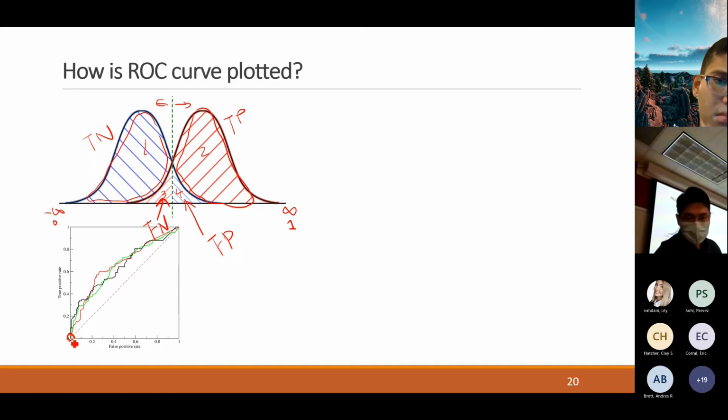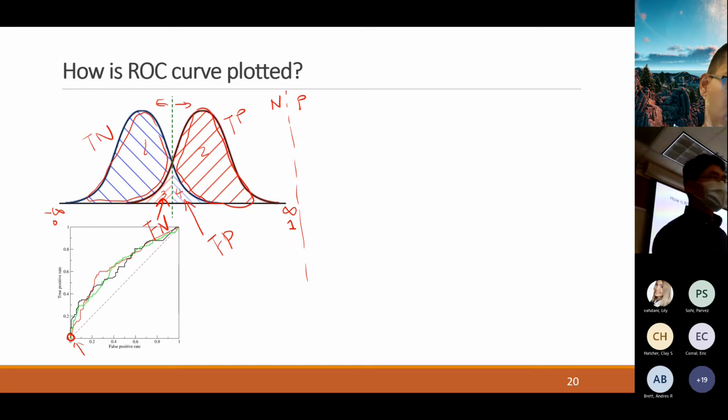So let's take this point. This point would be as if the decision threshold is on the rightmost point. If that's the case, then you will predict everything to the right as positive and everything to the left as negative, which means there is no recall because there are no positive predictions. If there are no positive predictions, there are no true positives.